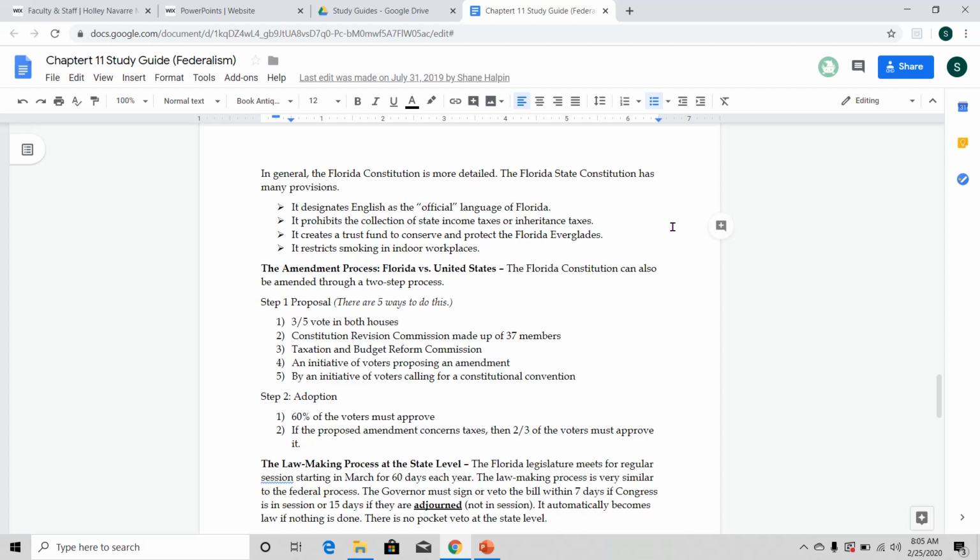So amending the Constitution federally versus via Florida, you have more options when it comes to how to propose a bill in the state of Florida.